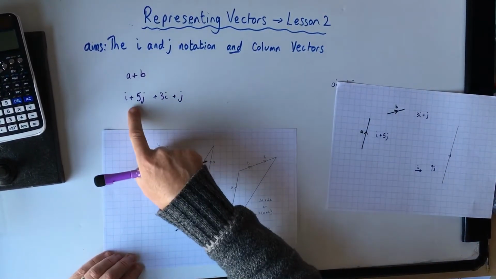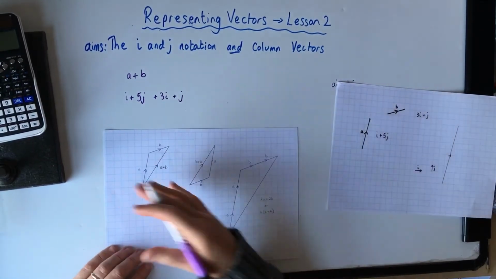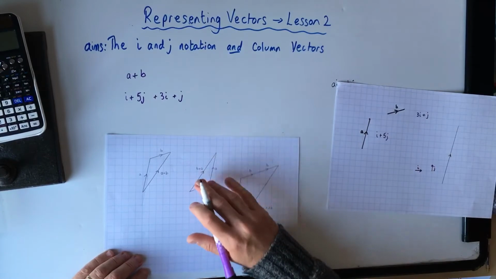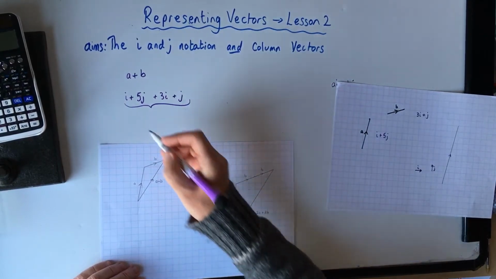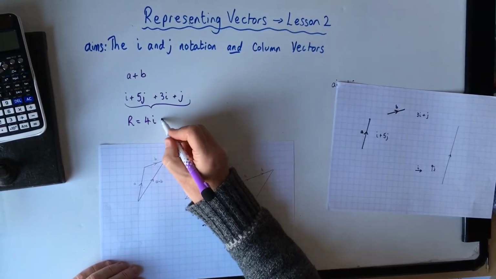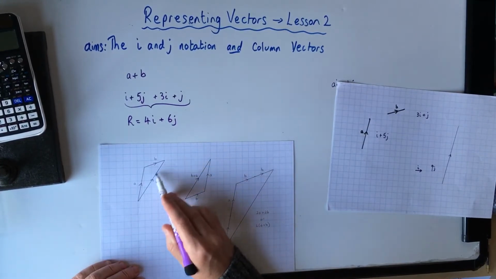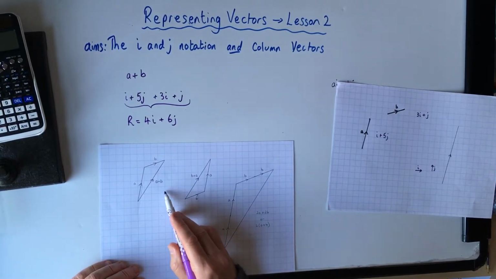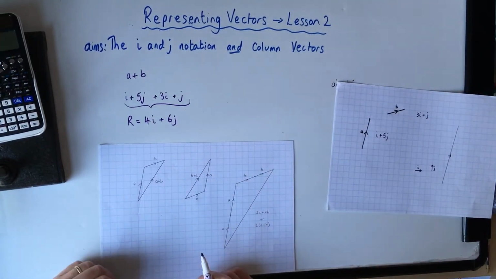So a plus b is i plus 5j plus 3i plus j. We don't need the diagrams anymore to work out how far it goes across and how many up. We can simply add the i's together and add the j's together. The resultant vector is 4i, adding the i's up, and 5 add on 1 is 6j. And you can see indeed that this is our resultant vector going from there to there: 1, 2, 3, 4 right, and 1, 2, 3, 4, 5, 6 up. So that's the i and j notation.